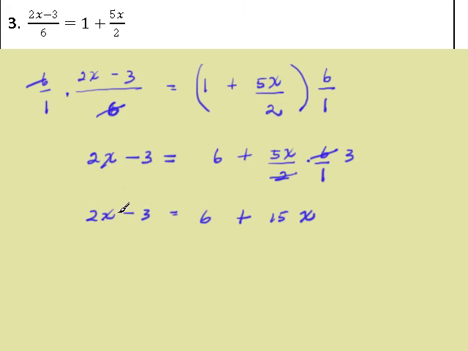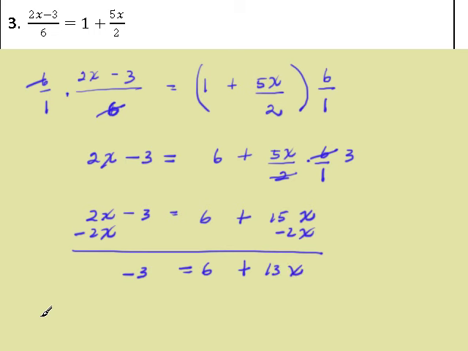All right, now x terms. Let's subtract 2x from both sides. So let's bring down that minus 3 equal to 6 plus 15 minus 2, that's 13x. And now we want to isolate this x term, so let's subtract off that 6.